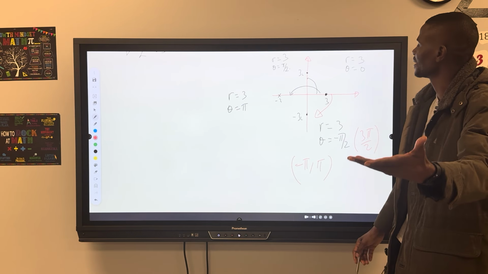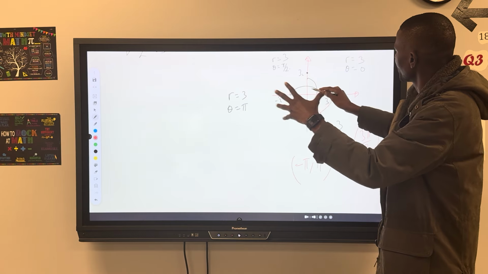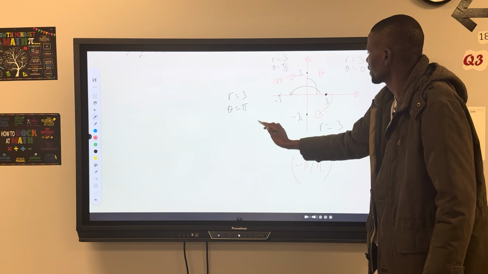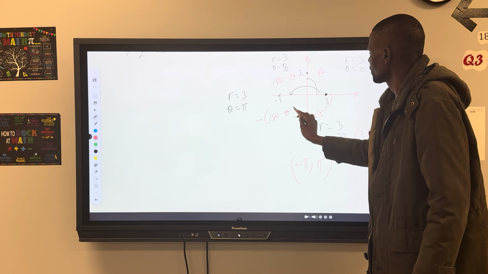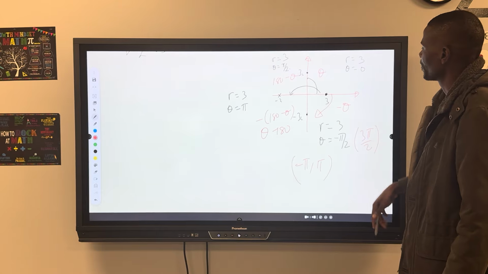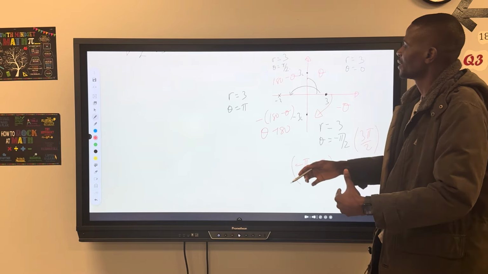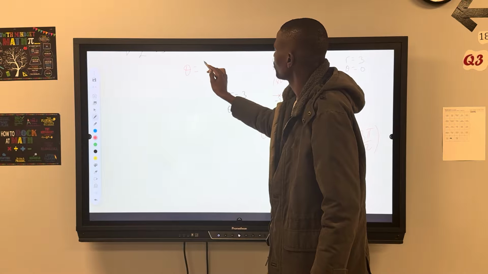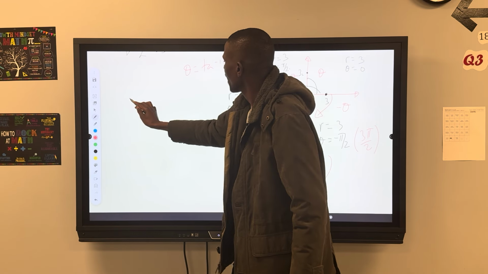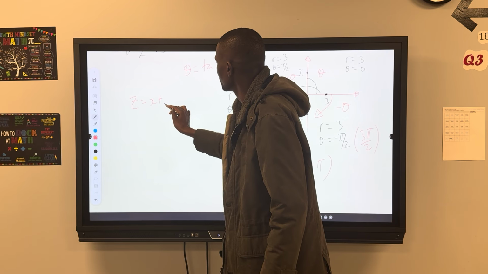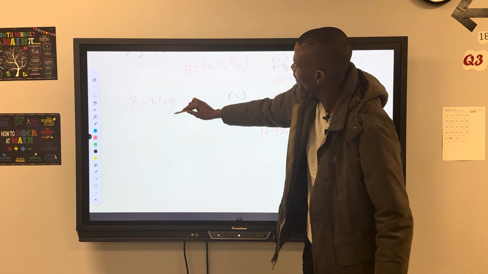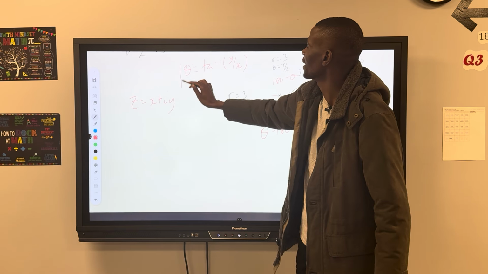We know that in these quadrants, if an angle is here, it's just theta. Here it's 180 minus theta. Here is the negative of that, 180 minus theta, or simply theta minus 180. Then here is the negative of whatever theta. And we know that theta is coming from this: our theta will be just arctan of y over x, when our complex number is given in the form x plus yi. You just divide the y value and the x value. So that's how we find our theta.